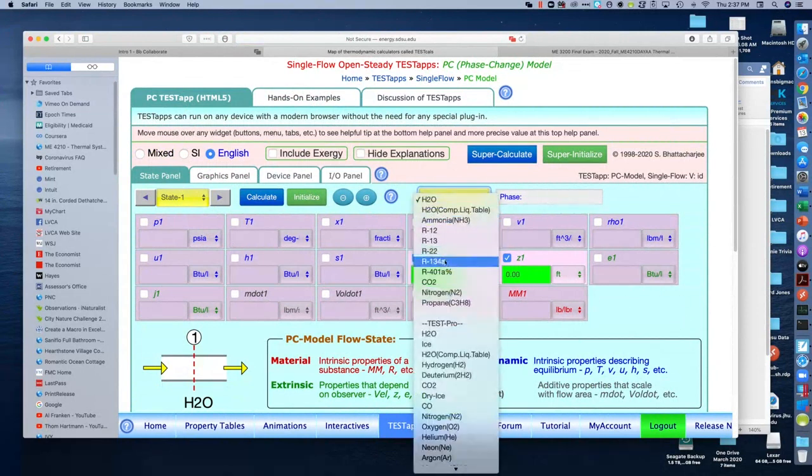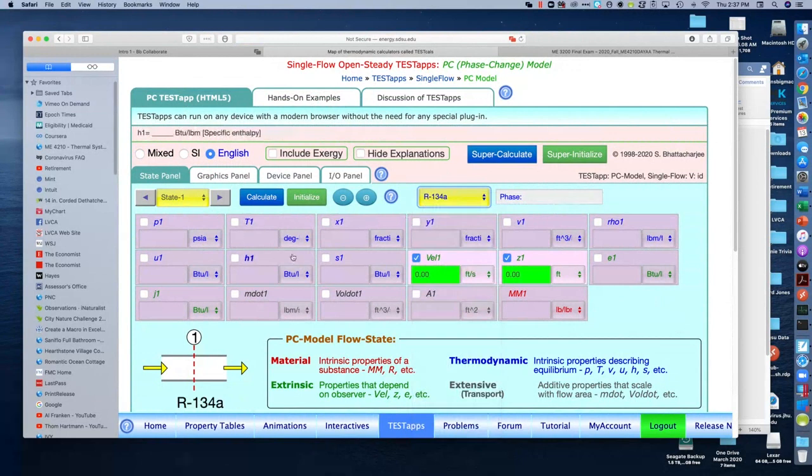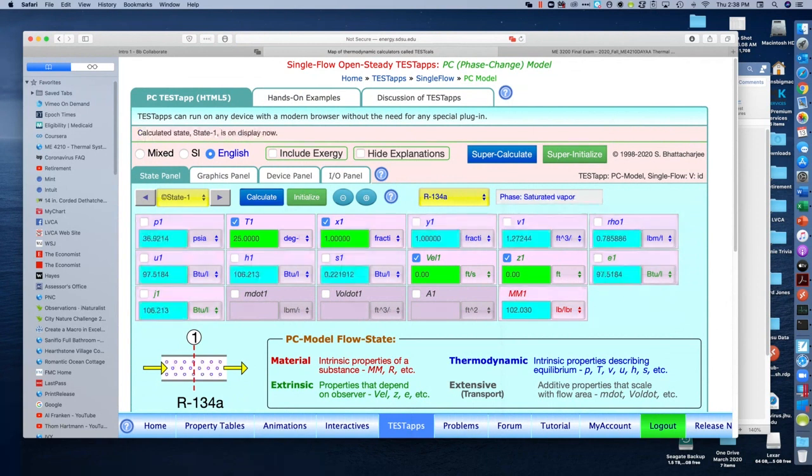Okay, again, R134A. Have to be a little bit careful here. If you stretch out your program here, you'll see that this is degrees Fahrenheit, and so it's 25 degrees Fahrenheit with a quality fraction equal to 1, and we see then that the refrigerant comes in at a pressure of 36.9 psi.